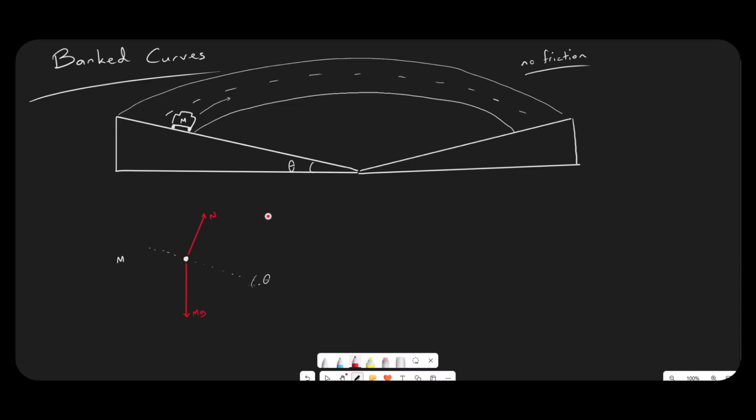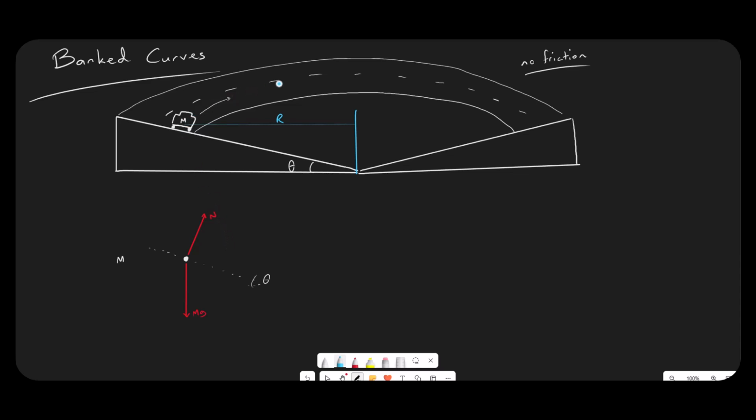But now here's the tricky part. We are turning. We're not moving up or down the ramp. When we are at this location, relative to the center of our circle, that's our radius.